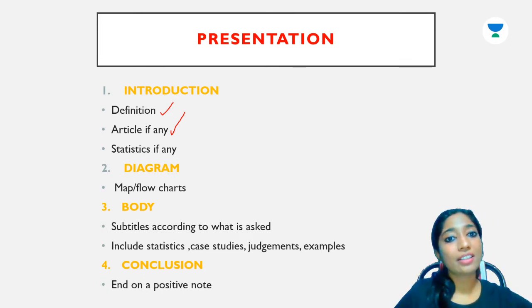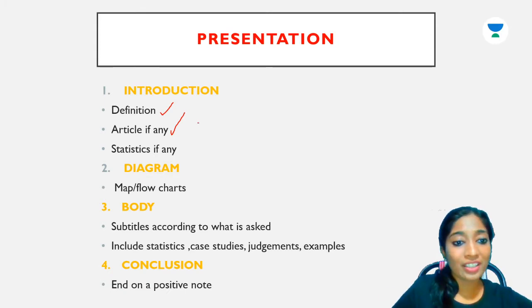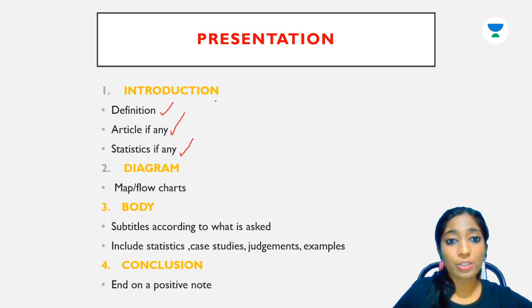You can include articles even in GS3 as well as GS1 paper. In ethics also you can include. And then if any statistics can be accommodated, that also you can do. So your introduction, I already mentioned, should not go beyond 2 to 3 lines. In that, you need to define what it is, and if any articles or statistics are there, that also you can accommodate.